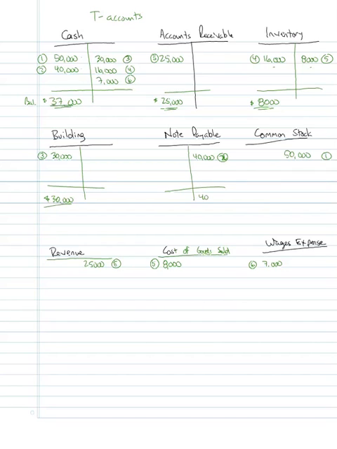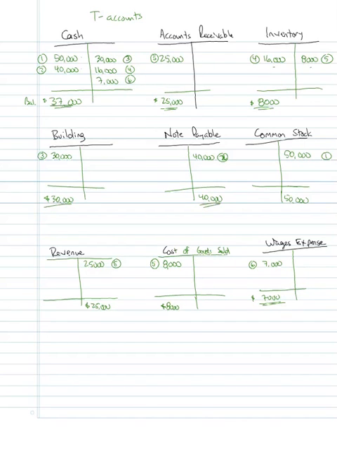Note payable, $40,000 credit balance. Common stock, $50,000 credit balance. Revenue has a $25,000 credit balance. Cost of goods sold has an $8,000 debit balance, and wages expense has a $7,000 debit balance.